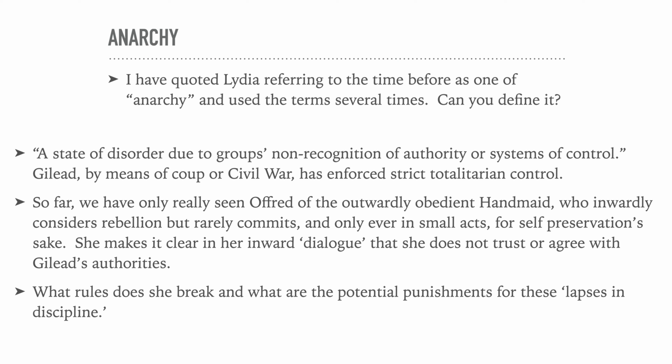So far, we've only really seen Offred as the outwardly obedient handmaid, who inwardly considers rebellion, but rarely commits, and even then only ever in small acts, for self-preservation's sake. She makes it clear in her inward dialogue that she doesn't trust or agree with Gilead's authorities.